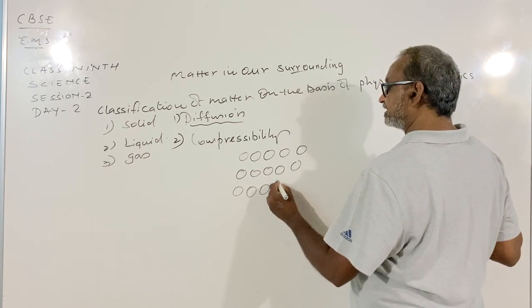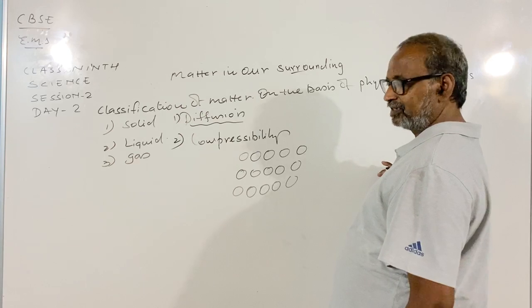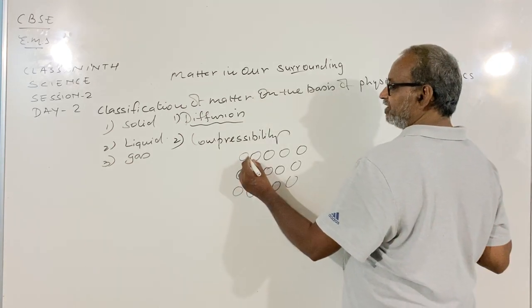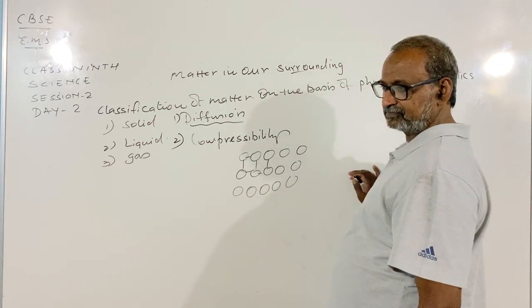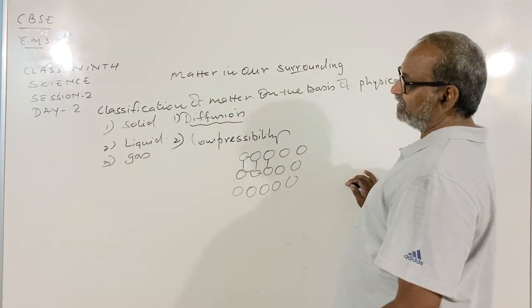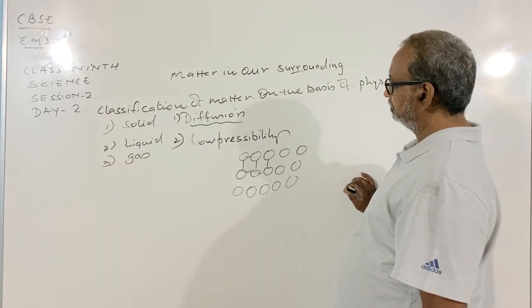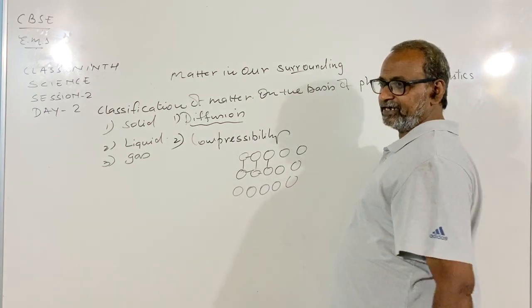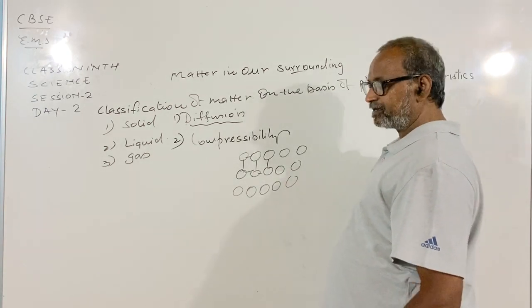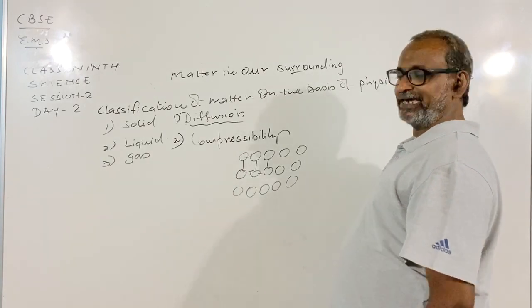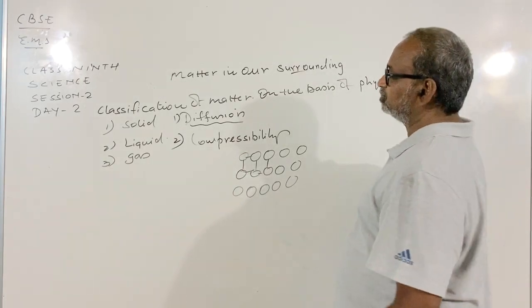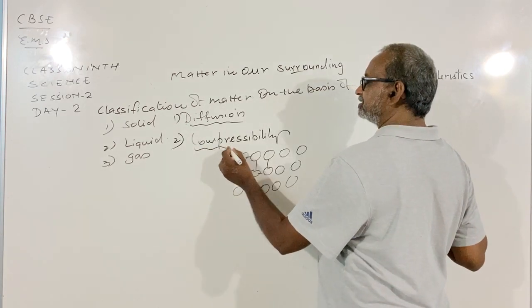And when pressure is applied, the interparticle gap between these particles can be reduced. This property of gases, by virtue of which the interparticle spaces between the particles can be reduced by applying pressure, is called compressibility.